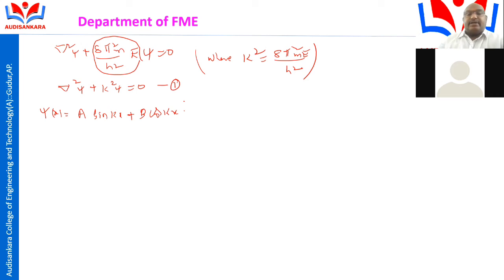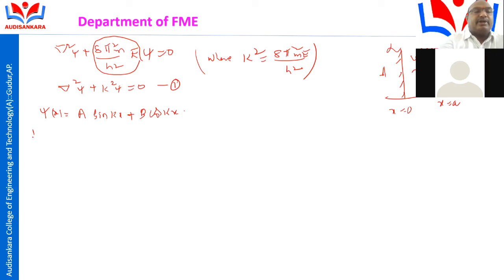But here the rigid walls AB are the two rigid walls. One end is called A, another end is called B. The particle is free between x is equal to 0 and x is equal to a, and outside it is infinity. The free particle tends to move from one place to another place, then V is equal to 0 for the free particle.